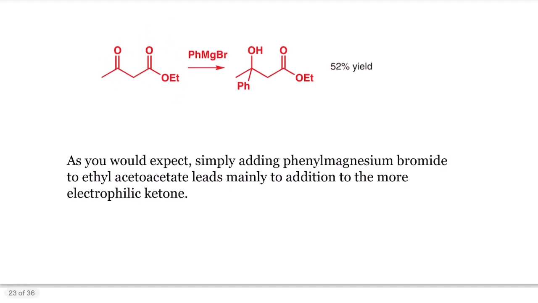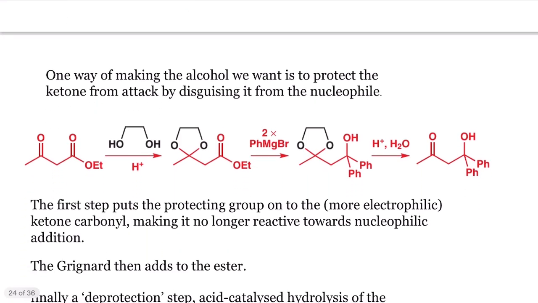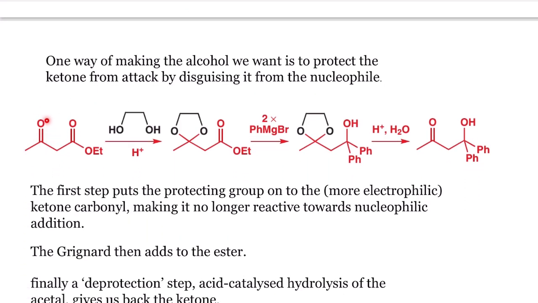So in order to react at this position, that is the ester, we have to protect the ketone. One way of making it is to protect the ketone with a suitable protecting group.